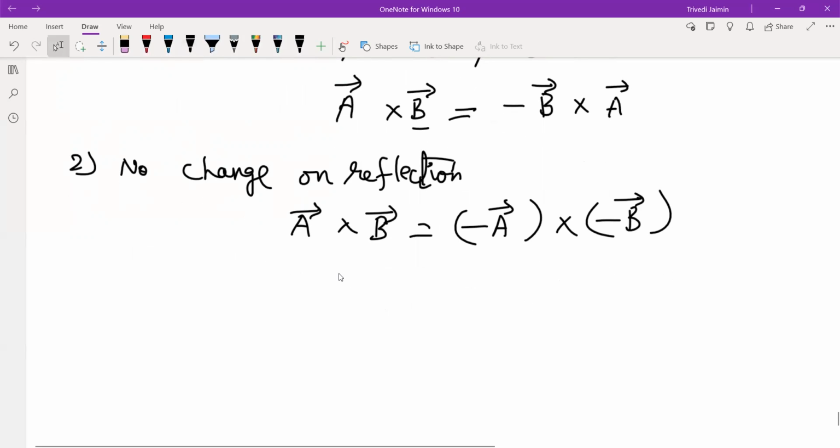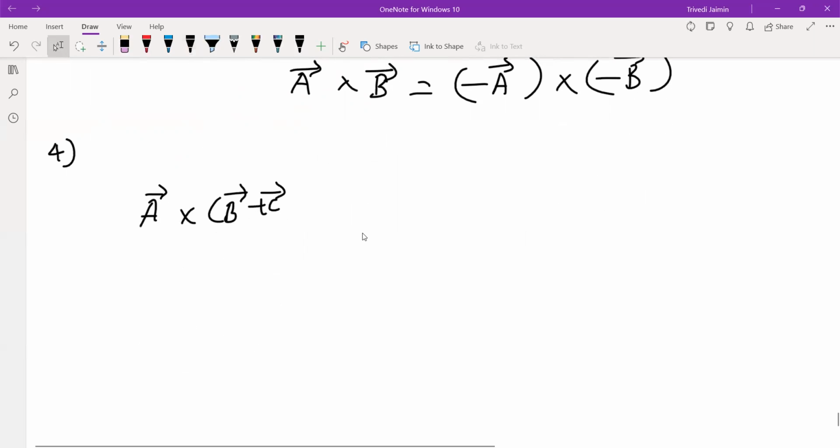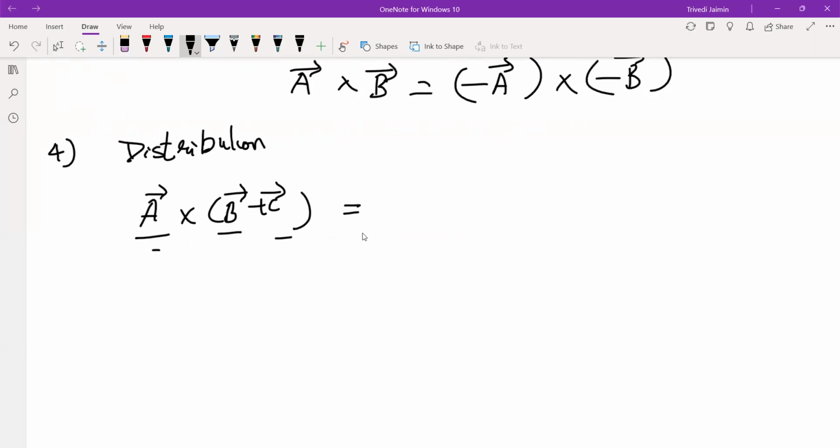So what will you write? A cross B plus C is equal to A cross B plus A cross C. First we do this one with this one, plus this one cross this one. That is distributive.